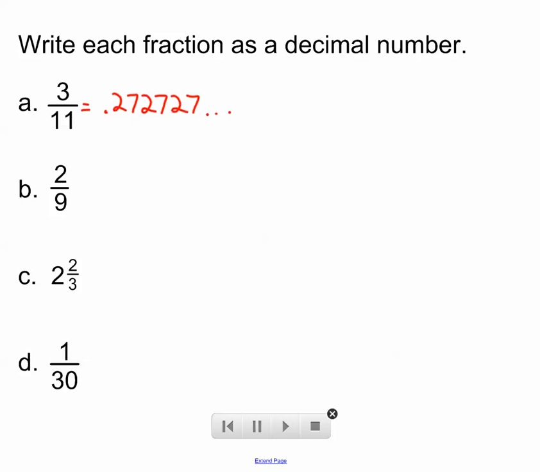But the only reason that 3 is there is because it's rounded, and we'll get to that on the next slide. But if we're going to write this as a decimal number, that pattern continues forever, so the easier way to write it is just to write 0.27 with a bar over top the 2 and the 7, which indicates that both the 2 and the 7 are going to repeat forever. It's a lot cleaner to look at.